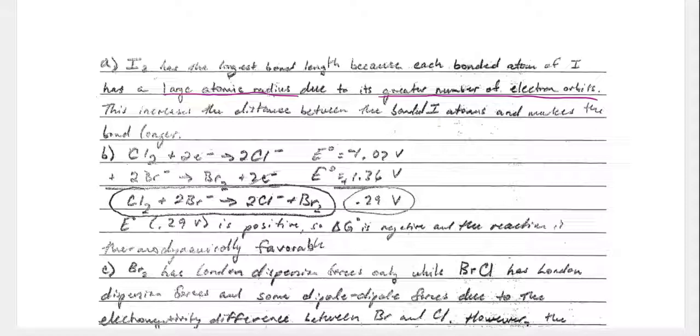This increases the distance between the bonded I atoms and makes the bond longer. Yes, again, really it's the distance between their nuclei. But yes, this is going to receive a point.